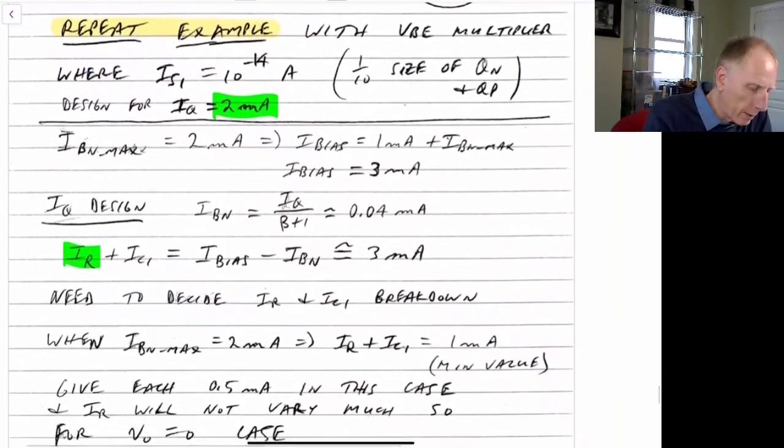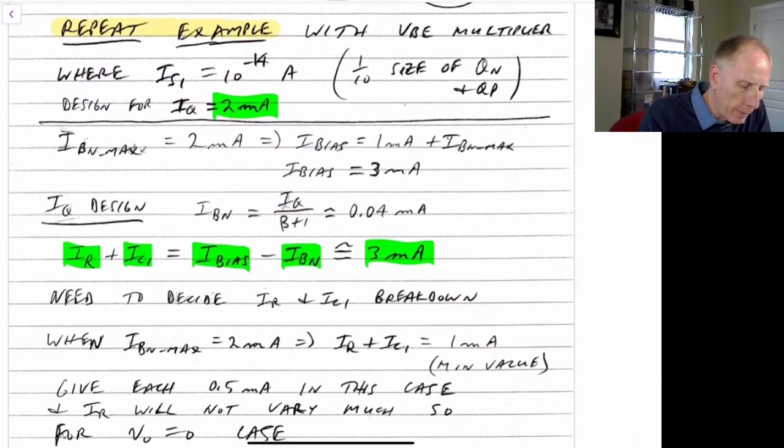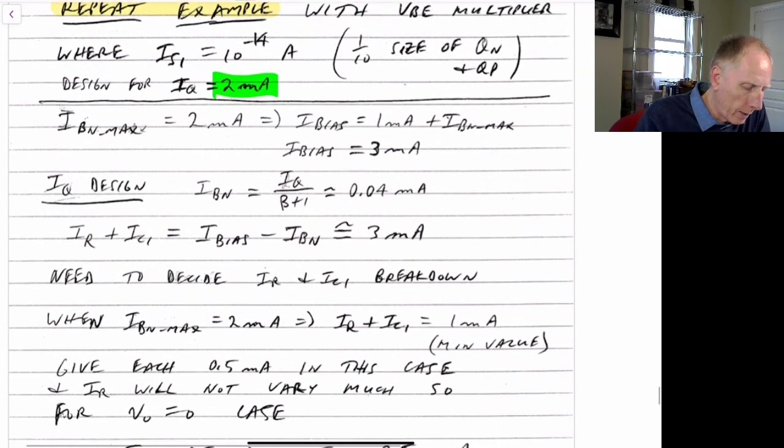So we have that I sub R plus IC1 will equal our 3 milliamps, because it's just I bias minus IBN, and IBN is so small in this particular case when the output voltage is equal to 0.